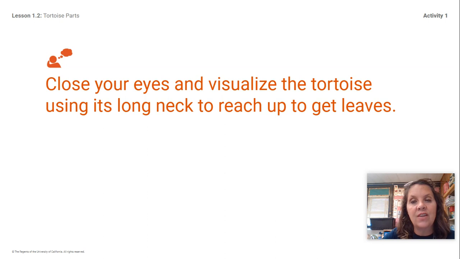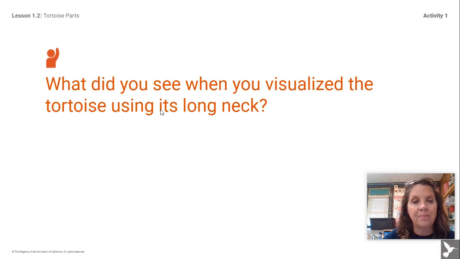Close your eyes and visualize the tortoise using its long neck to reach up to get leaves. Picture it in your head. Okay. What did you see when you visualized the tortoise using its long neck? Let's pause. I saw it stretching up into the trees or the low bushes in order to eat the leaves. Stretching, pulling it.